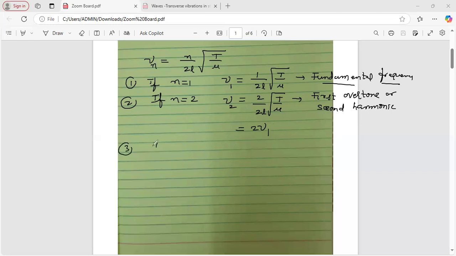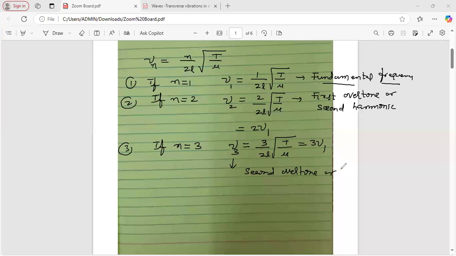Next, if the string is vibrating with 3 loops, n equal to 3, then frequency nu 3 equals 3 by 2L square root of T by mu. This frequency is called the second overtone or third harmonic, because it is 3 times the fundamental frequency.